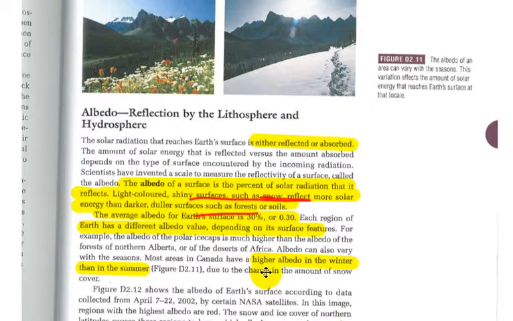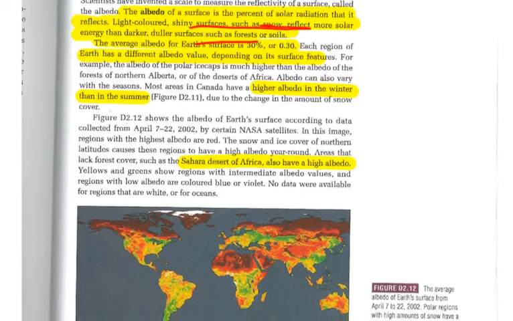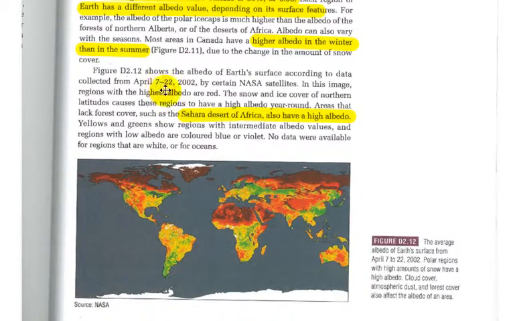Most areas in Canada have a higher albedo in winter than in summer, obviously, as we can see here, due to the change in amount of snow cover. Figure D12 shows the albedo of the Earth's surface according to the data collected from April 7th to 22nd, 2002 by satellites. The highest albedo numbers are red, so you can see the northern regions are red because snow cover is reflecting. Also here though, Africa, that's interesting, but you can look at it as, oh, it's the Sahara Desert.